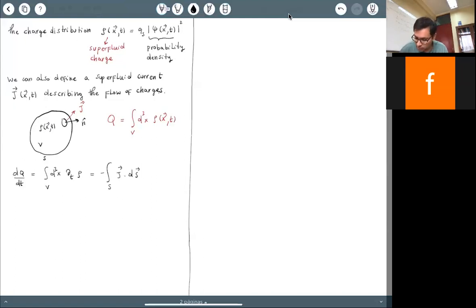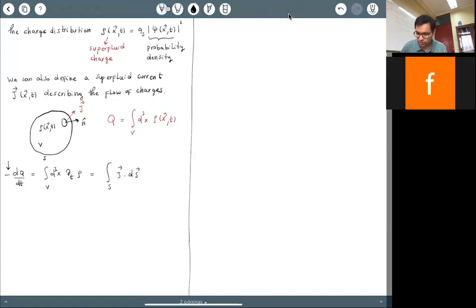This minus sign here means that we are diminishing the charge. So imagine that we are diminishing the charge in the volume, and then something has to appear outside through the surface. That has to do with the superfluid current. Okay, so this is the equation that we have here.